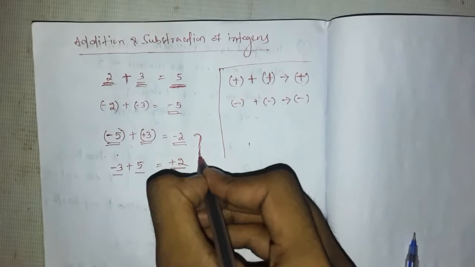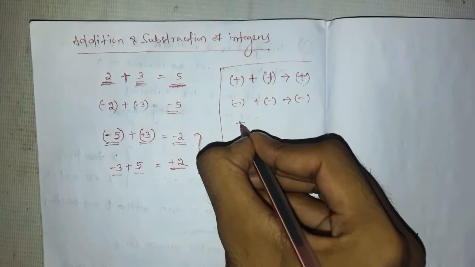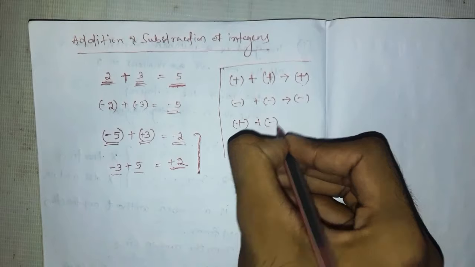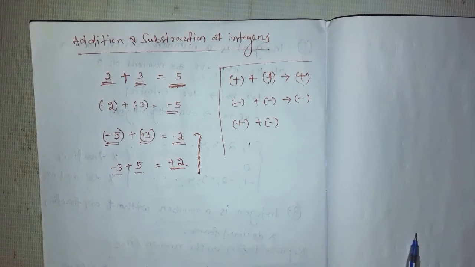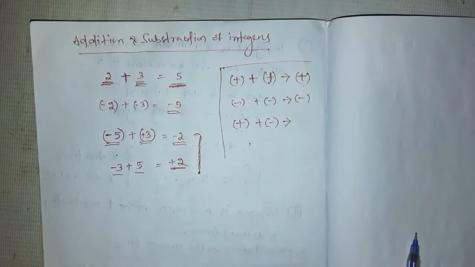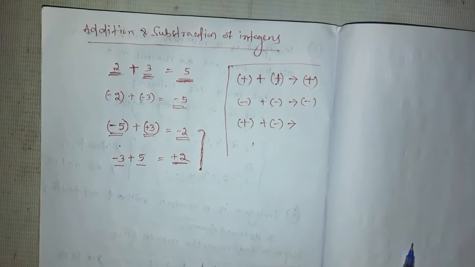So from these two examples, we got to know that if we add one positive and one negative integer, the sign of the result will depend upon which number is greater.